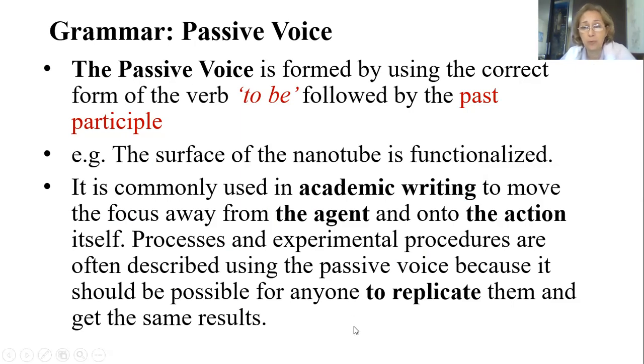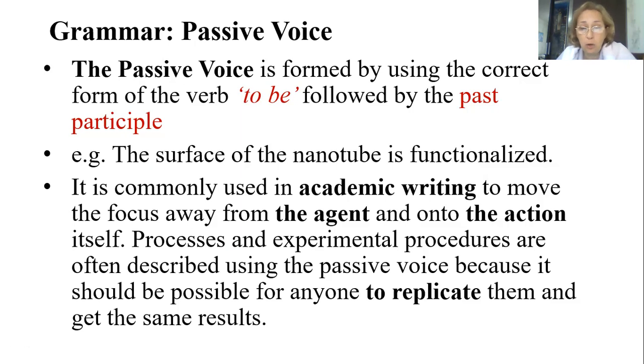Processes and experimental procedures are often described using the passive voice because it should be possible for anyone to replicate them and get the same results, so that someone else, reading this description, could repeat the process or experiment and get the same results.